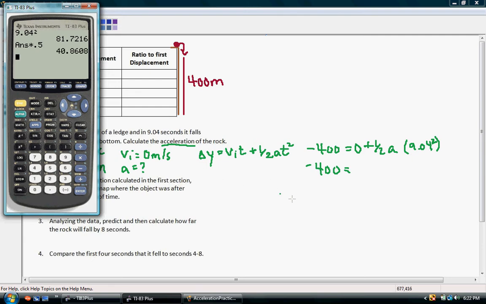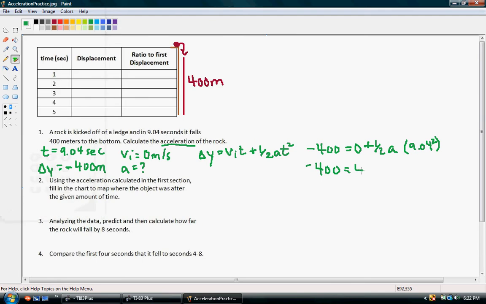And I get 40.86. So 40.86 times the acceleration. So to find the acceleration, I will divide both sides by 40.86. On the right side, this will cancel out. Anything over itself is equal to 1.